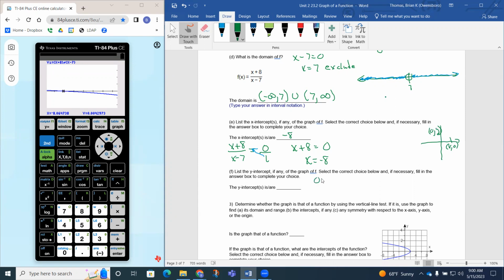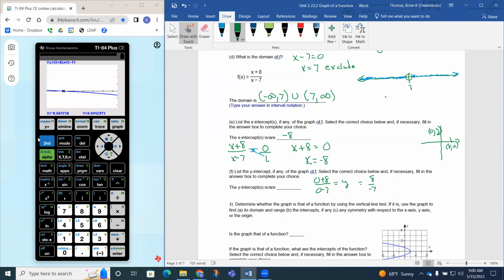So I'd have 0 plus 8 over 0 minus 7. That's just going to equal y, which is what f of x stands for. If we do that math, we get 8 over negative 7, so it's going to be -8/7.